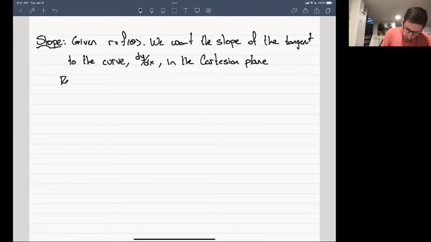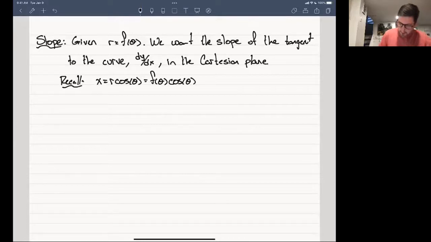What we're going to do is recall that x is equal to r cos theta, which is f of theta cos of theta, by our definition r is equal to f of theta, and y is equal to r sine of theta, which is equal to f of theta sine of theta.